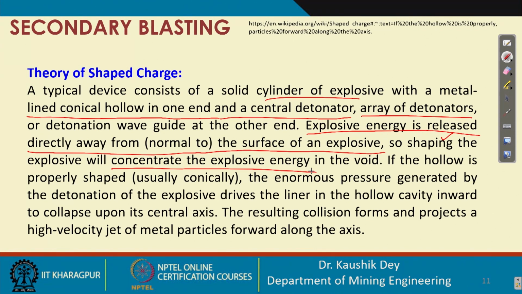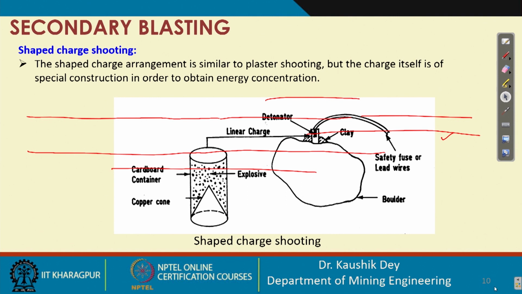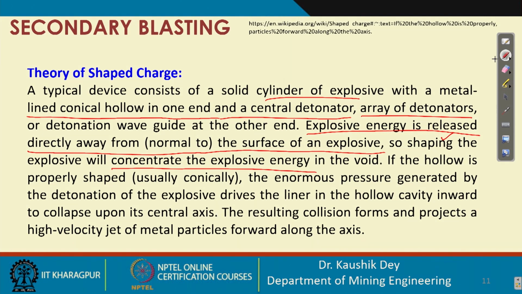The explosive energy is guided to concentrate in that copper cone part, which we saw in the previous figure, and this generates enormous pressure. That is why the energy will flow in that direction, and that will create the fragmentation in that particular direction.